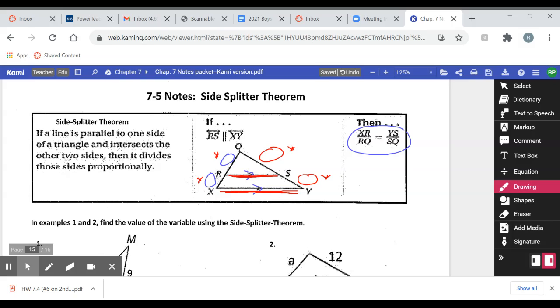So if we wanted to set up a proportion with RS and XY, we would then have to equal that to like the left side of the little triangle over left side of the big triangle, or right side of the little triangle over right side of the big triangle. So just make sure you're staying consistent and only using this shortcut, the side splitter theorem, when possible.